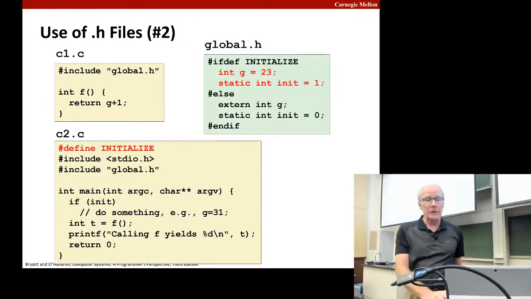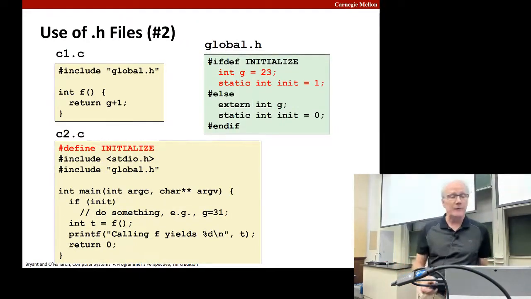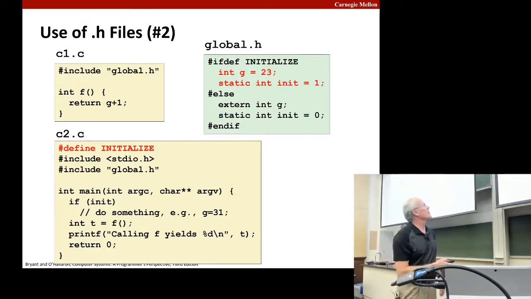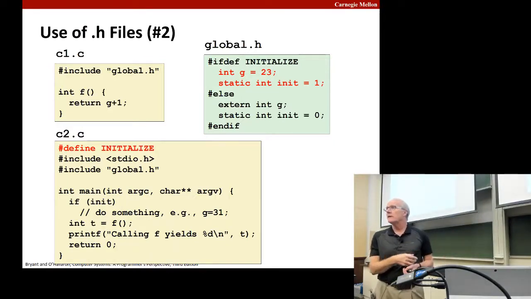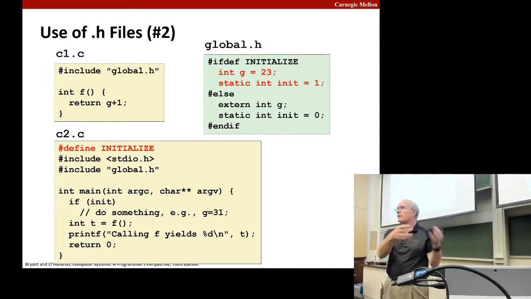And this is another example that a previous lecture had put together, so I thought I'd show it. Another style of .h files is to have, in a single file, different sections based on whether it's local, the one that's actually defining this variable, or the other that is just consuming that information.